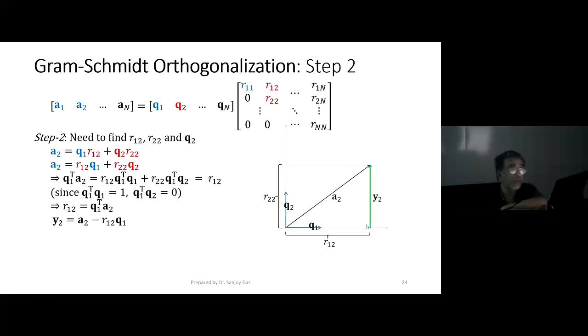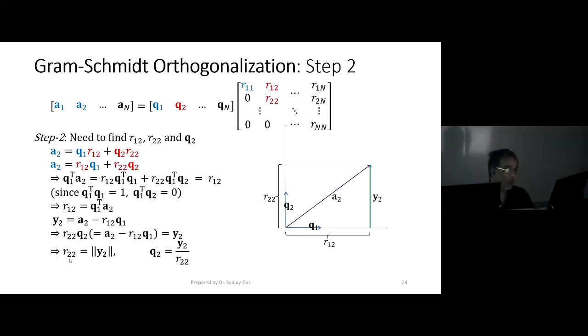But Y2 is the same as this vector here, R22 times Q2. R22 will be the length of Y2, and the direction Q2 will be the same direction as Y2. All we have to do is normalize Y2 to get Q2 and find the length of Y2 to get R22. So R22 Q2 equals Y2, and Y2 can be easily found.